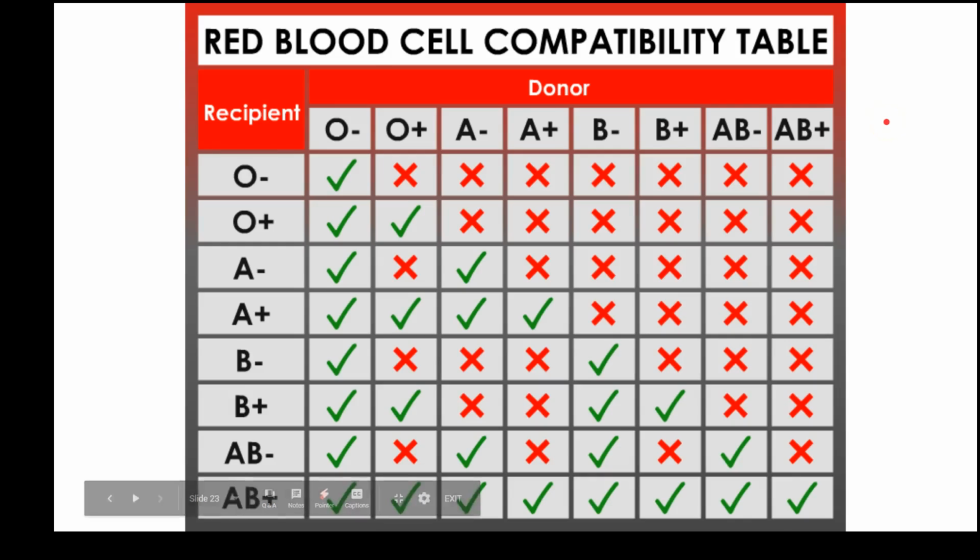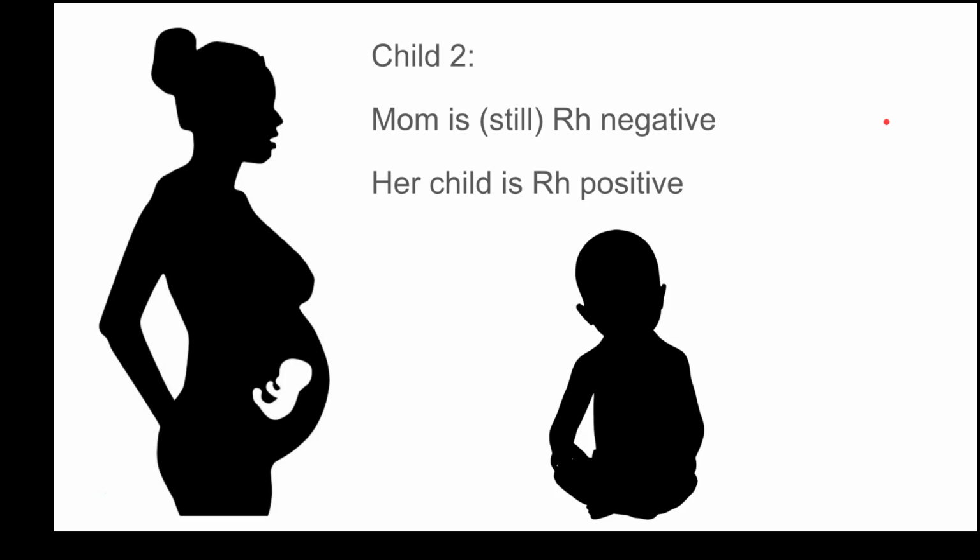And so what can happen is the child can develop really bad toxicity, or basically the mother can mess up the child really badly because she has these antibodies that want to attack the child's Rh positive blood.